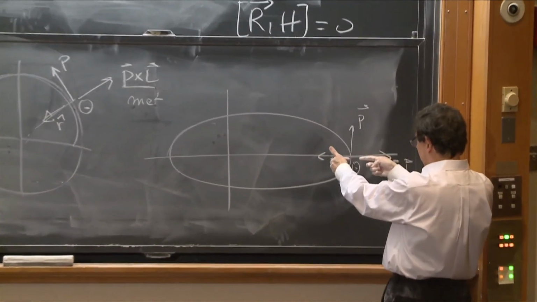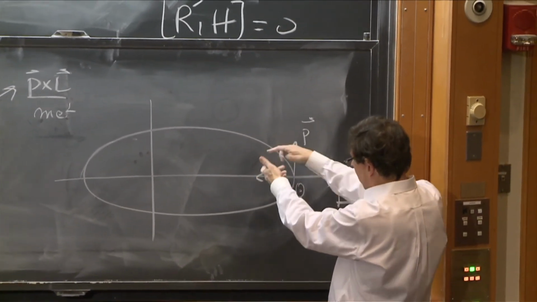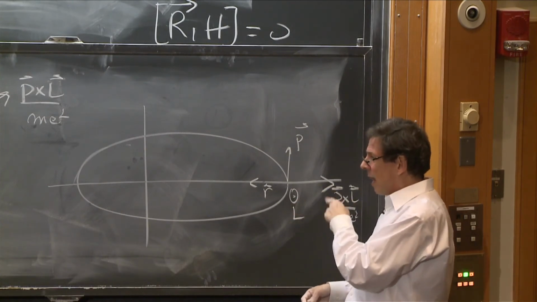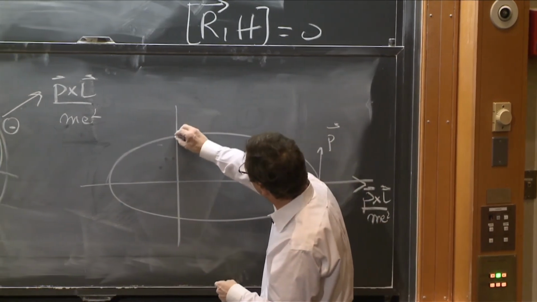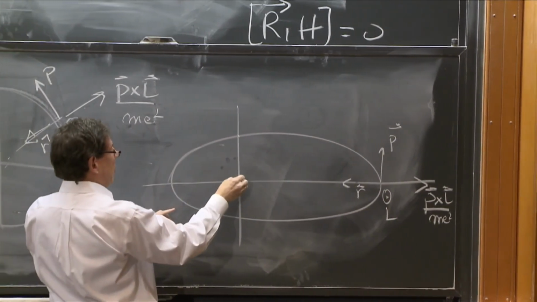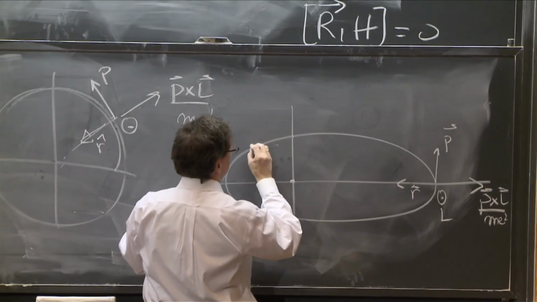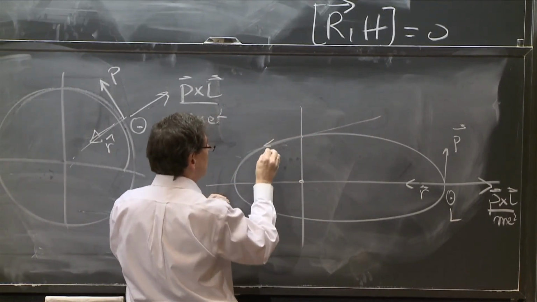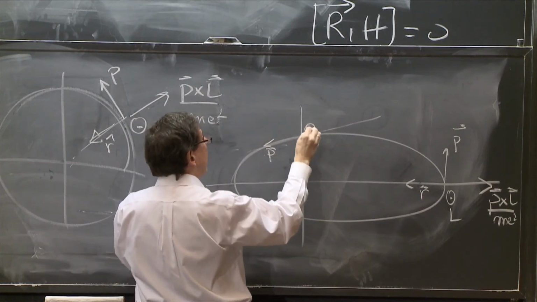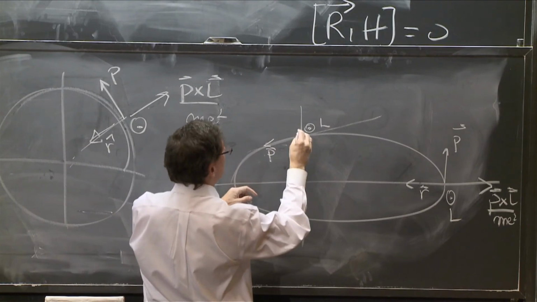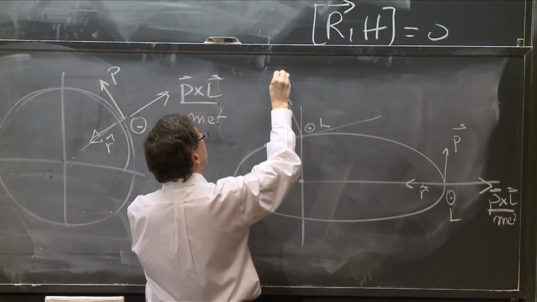If they don't cancel, it's going to be a vector, and it's going to rotate. But it has to be conserved. So actually, let's look at it here. The main thing of an ellipse, if you have the focus here, is that the tangent is not horizontal. So the momentum is here. L is out of the blackboard, but P cross L now is like that.